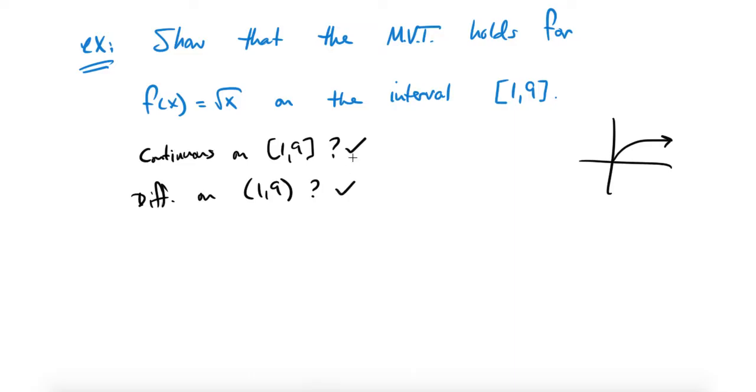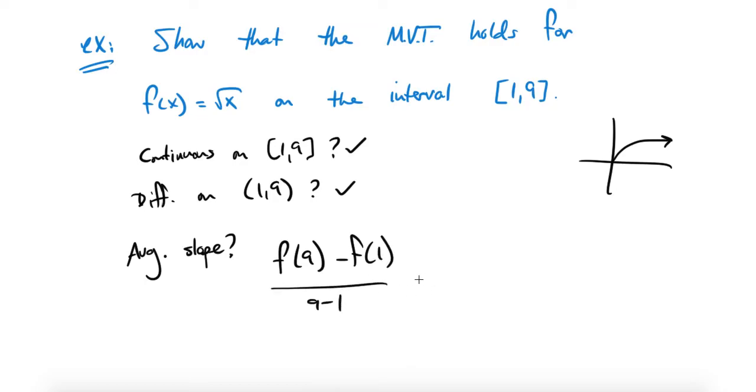Okay, so then, to show that it holds, we need to find the point in here that hits the average slope. So we might start by asking, what is the average slope? Or in general, what's the slope of that secant line through the endpoints? It's going to be f of 9 minus f of 1 over 9 minus 1, using our formula from the mean value theorem.